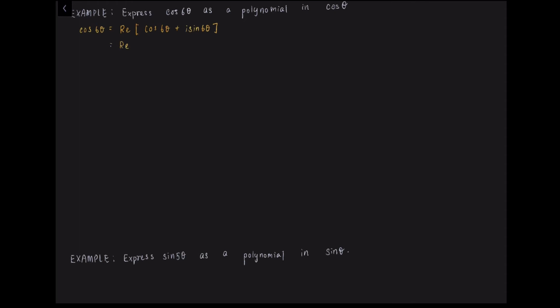Using De Moivre's theorem, we can change it into (cos theta + i sin theta)^6. We can write cos theta as C and sin theta as S. Then we expand it using the binomial theorem.